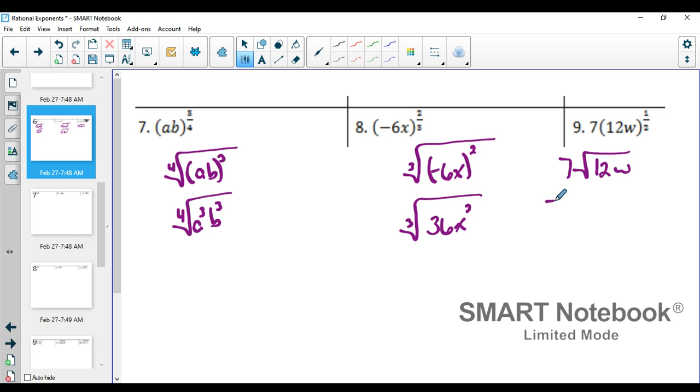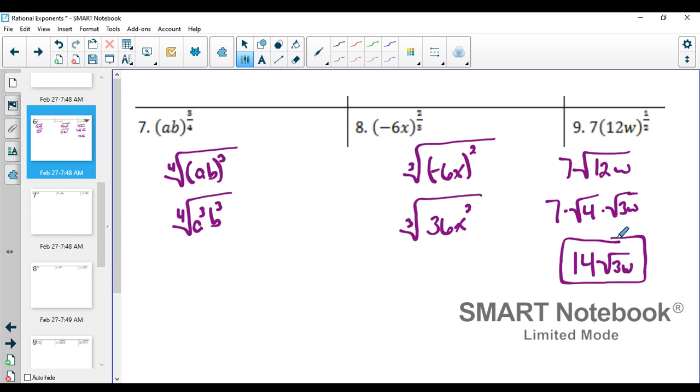We know that it's the square root of 4 times the square root of 3. And I'm going to leave the w with the 3 because we know that doesn't go anywhere. So the square root of 4 is 2. 2 times 7 is 14. I'm just going to skip writing that step. So we have 14 times square root of 3w. And that's as simplified as that one gets.